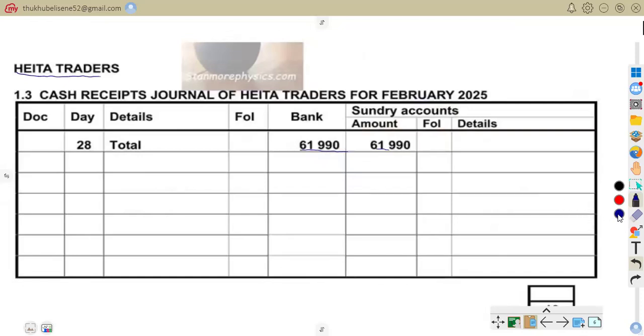Here we are on our cash receipt journal, where under document number we are going to have EFT, which shows that it was an electronic funds transfer, 377. Under details, we are going to write Kids First Orphanage.